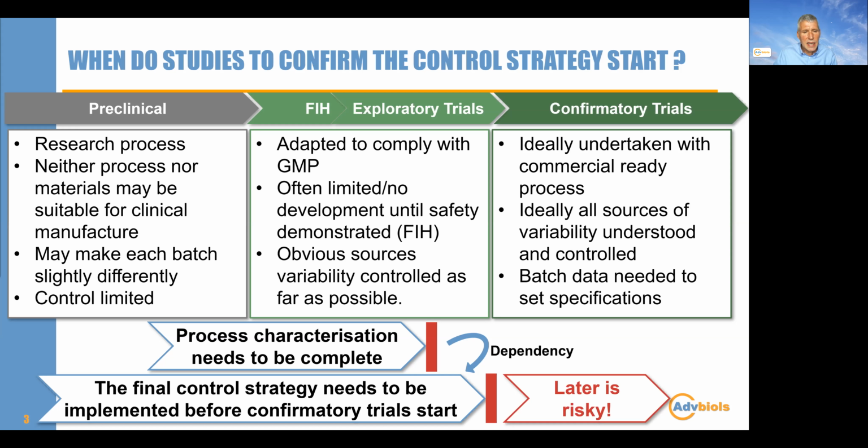So it's also pretty important to go into the commercial phase with the process that is as close to your commercial process as possible, because at this confirmatory phase, what you might call pivotal studies, some people might call them phase 3, except that sometimes you try and submit phase 2 data, etc., this is the study that's going to provide the evidence for efficacy.